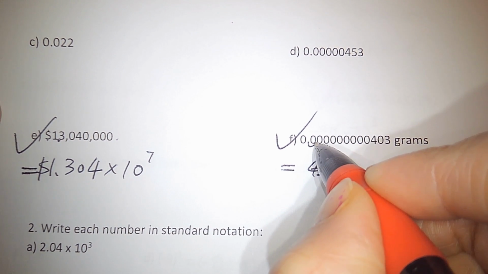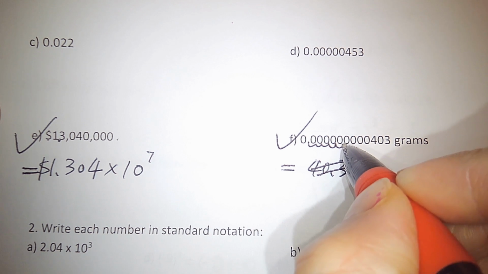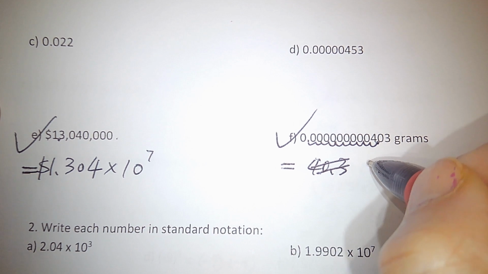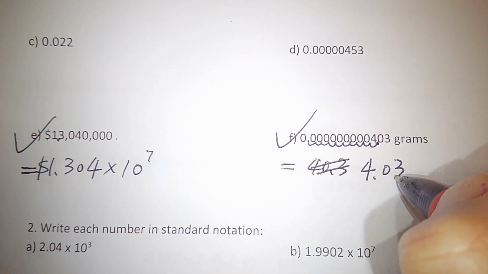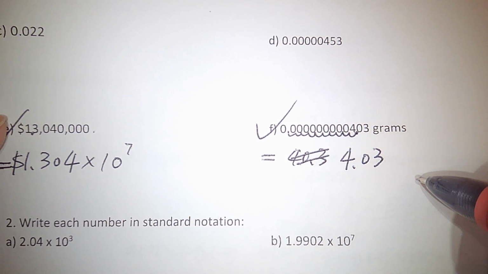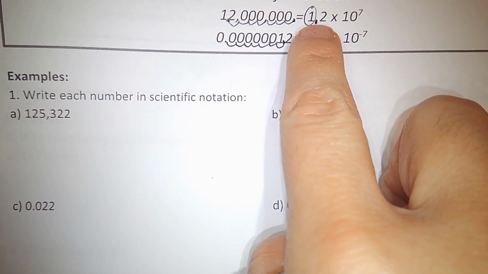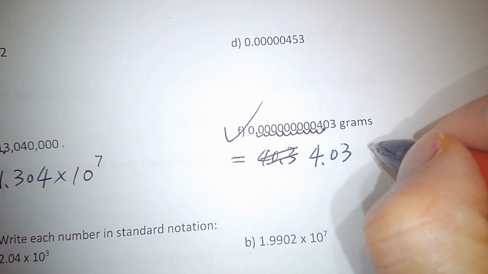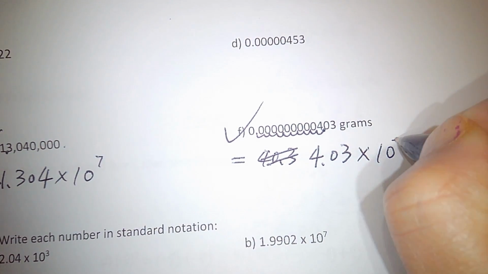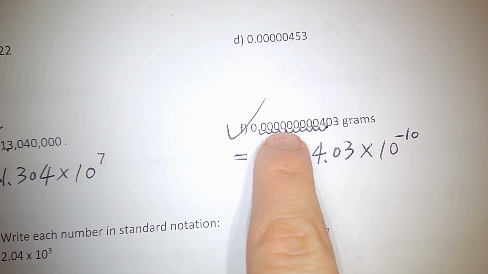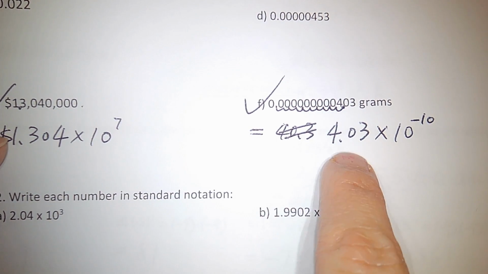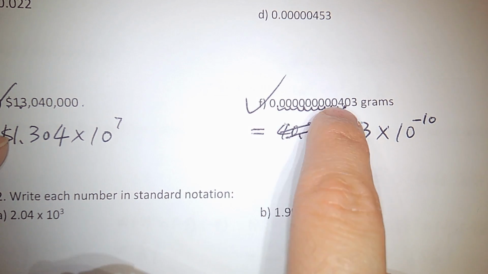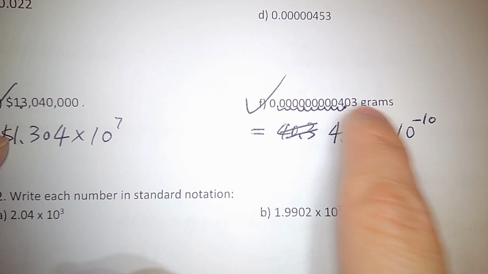So 1, 2, 3, 4, 5, 6, 7, 8, 9, 10 digits. Okay, and you get 4.03. Right, Jose? To the left of the decimal point, there should only be 1 digit. Okay? And then times 10 to the what? Negative 10th power. Okay? If we have a very small number, we're going to multiply by a negative exponent. And then there are 10 digits in between, so negative 10th power.